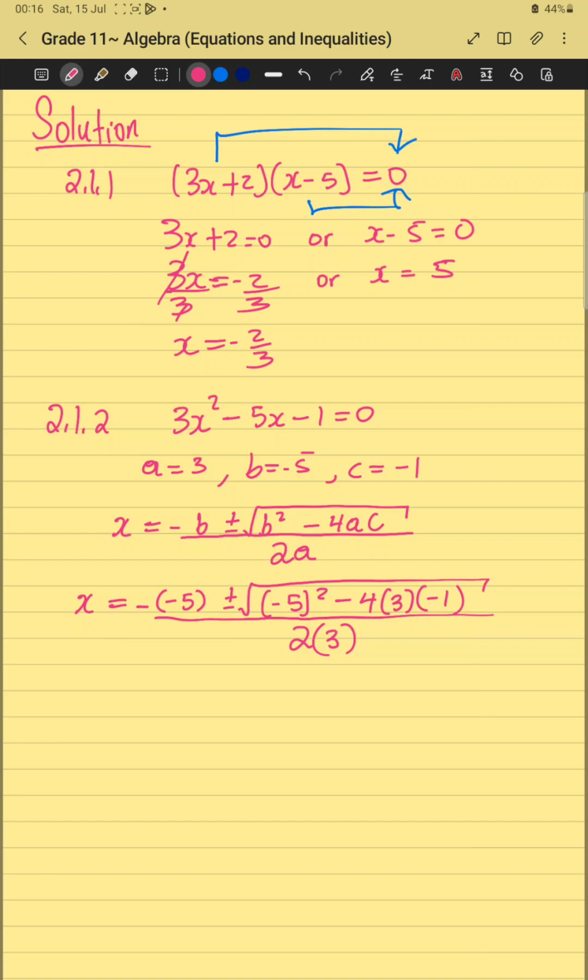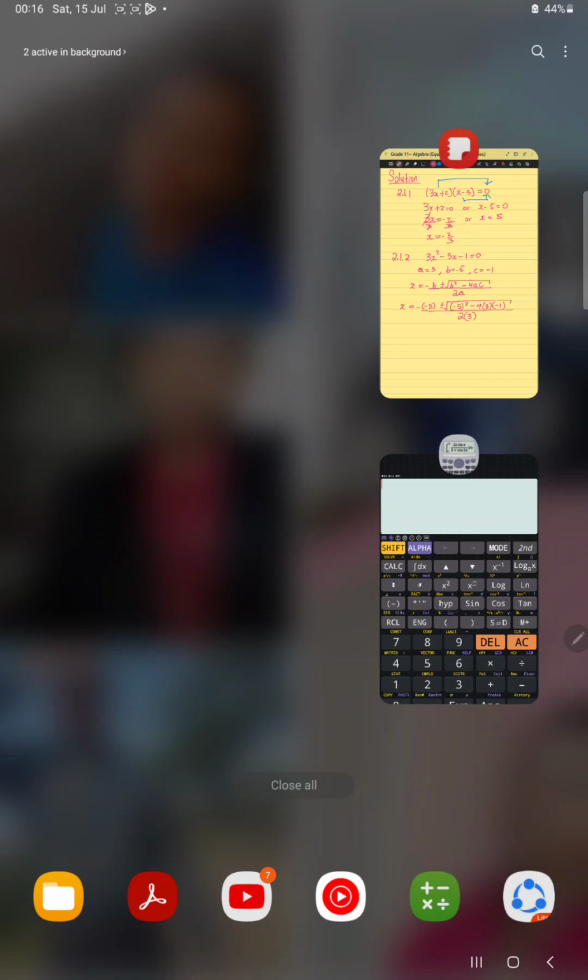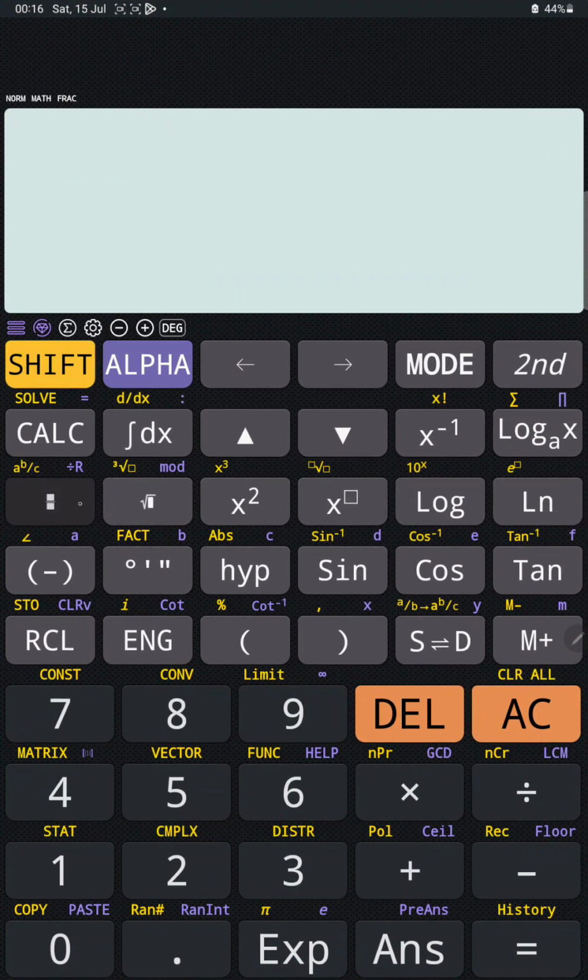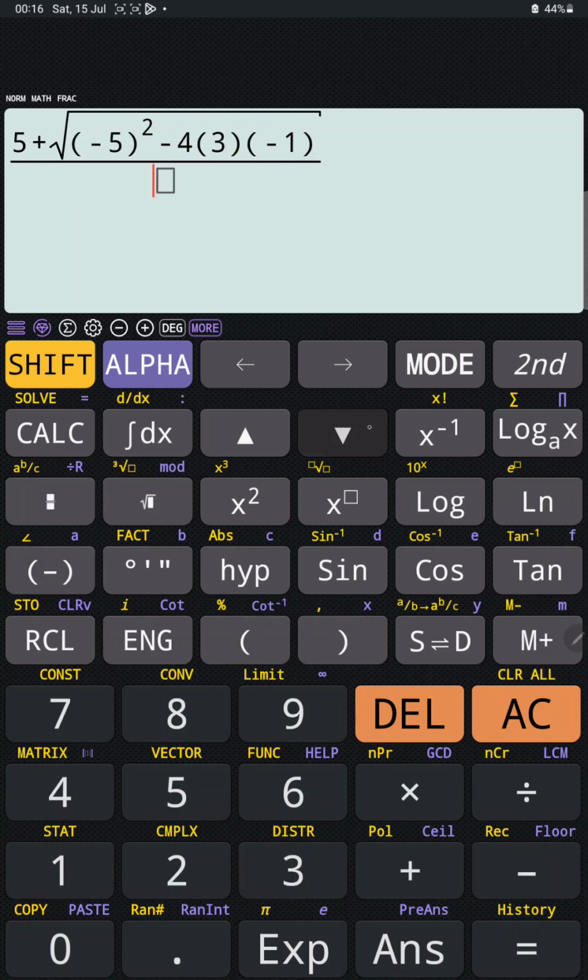Just after the substitution, make sure that you punch this in your calculator as it is if you are using a Casio. Let's just work it out and then we see what we do then. So if we've got just 5 and then take plus, and we've got 5 squared, so we've got minus 4 times a, which is 3, and then c is negative 1, then all divided by 2 times 3.